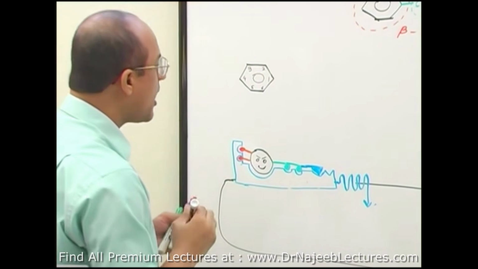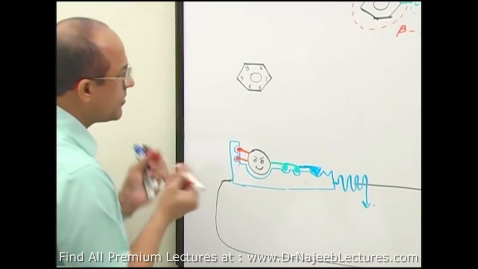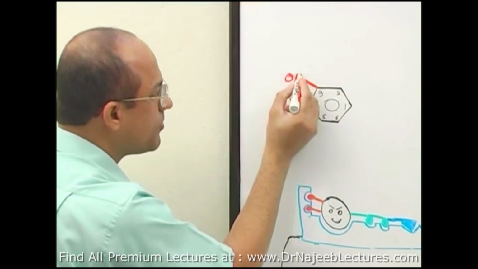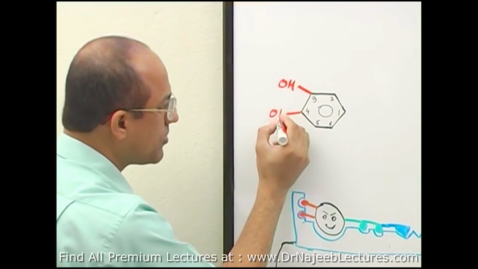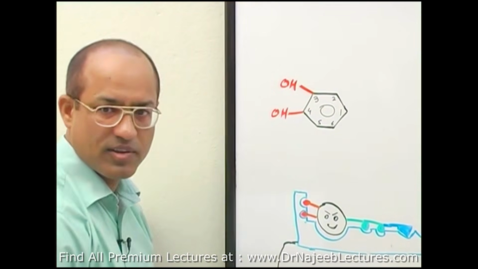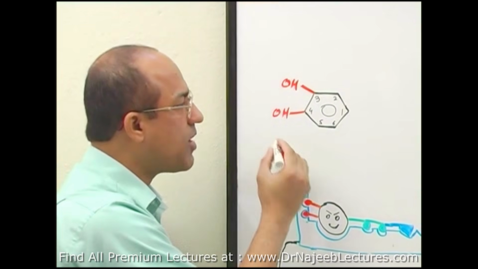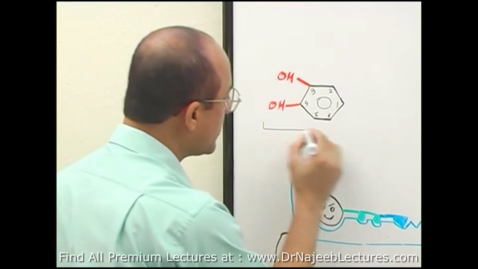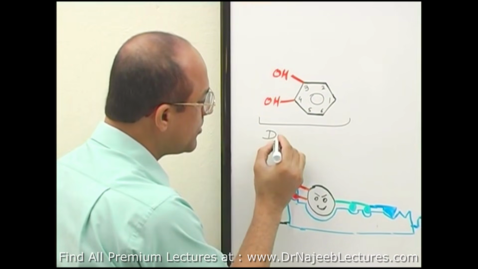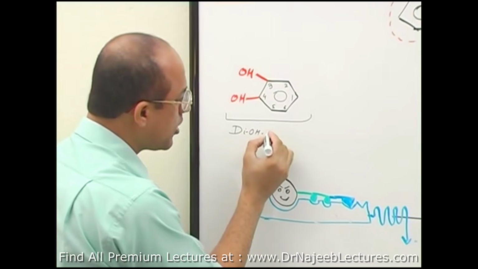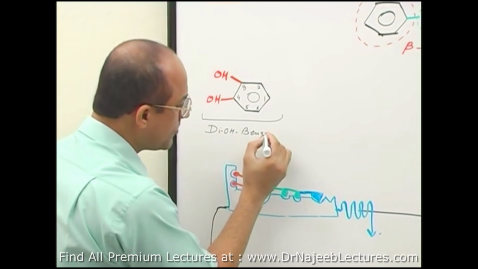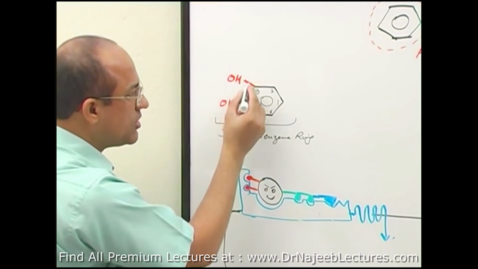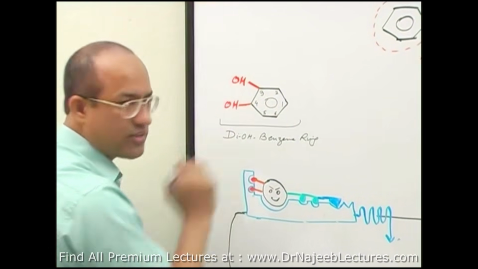Right? Now, actually, if we add hydroxyl groups here, right? Then this compound is called a dihydroxybenzene ring.